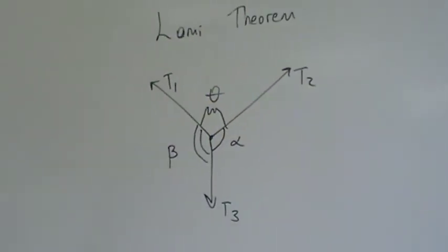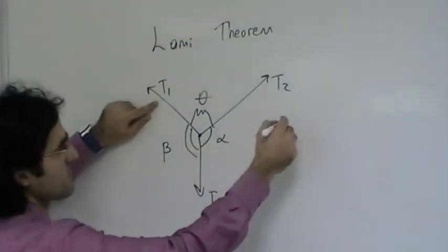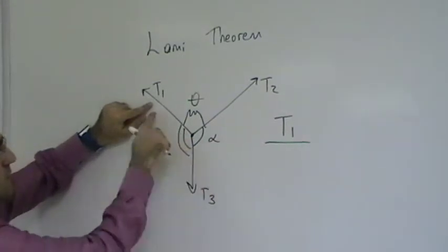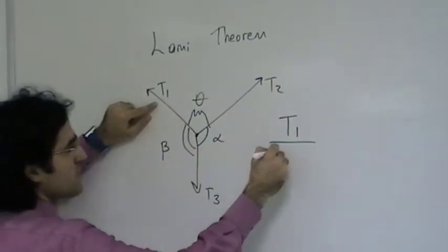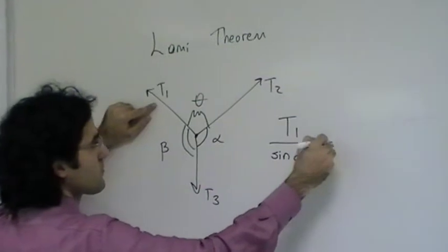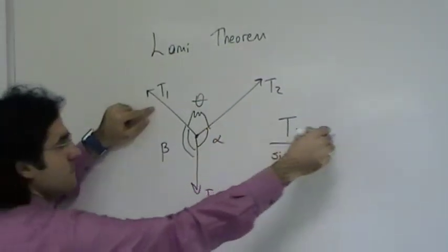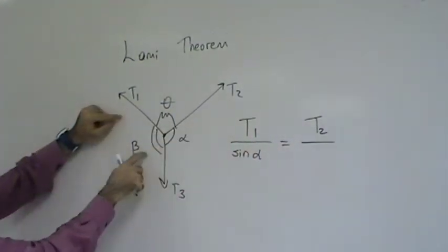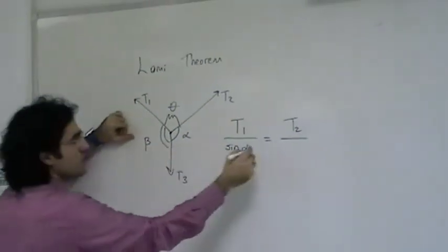Then according to the sine rule, T1 divided by the sine of the angle right opposite to T1, which is sine of alpha, will be equal to T2, which is tension, divided by the sine of the angle right opposite to T2, which is sine of beta.